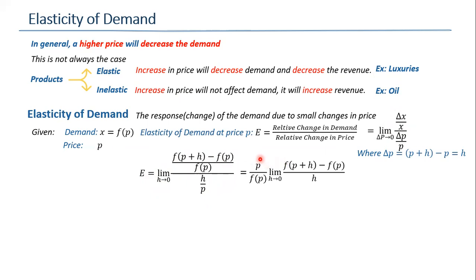So I'll take p over f of p as a common factor, and I'll get the limit of f of p plus h minus f of p over h. This is the definition of the derivative, so it means f prime of p. So the elasticity of demand E equals p over f of p times f prime of p. This is the elasticity of demand formula.